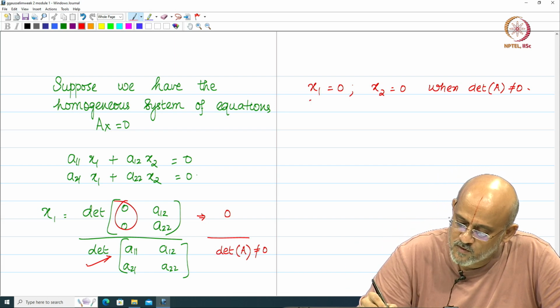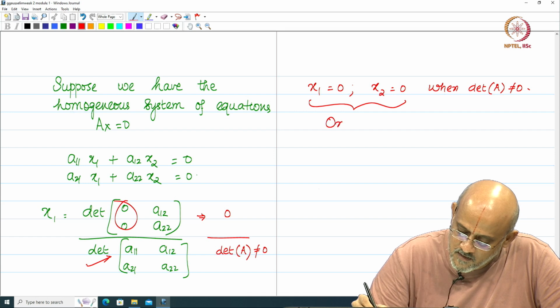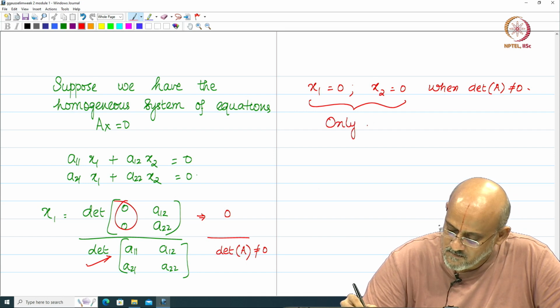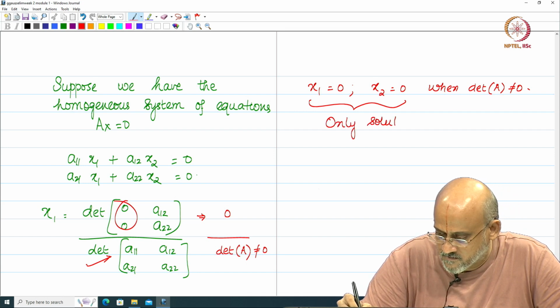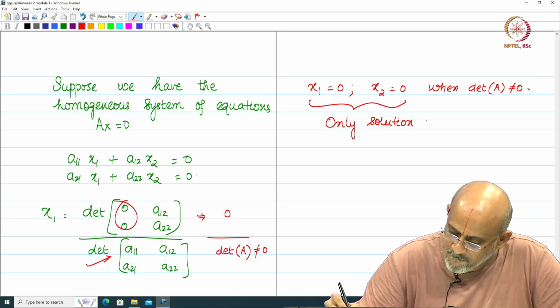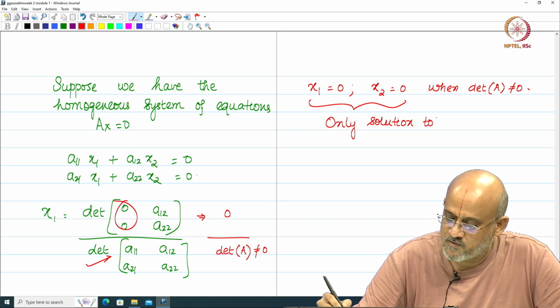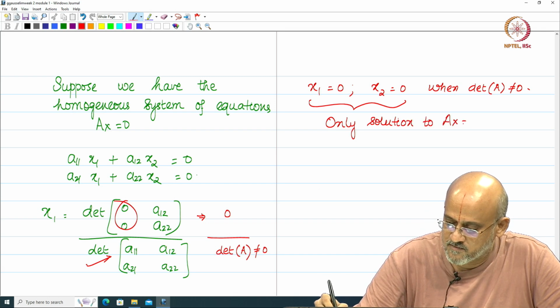So this is the only solution to Ax is equal to 0, right.